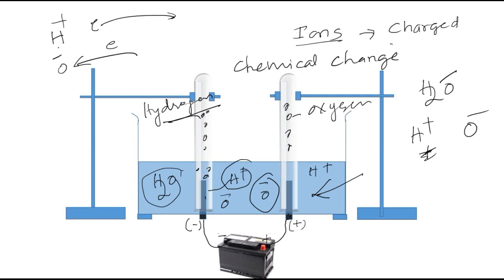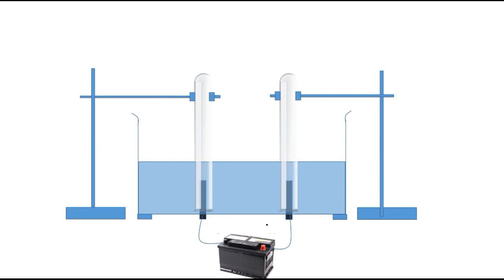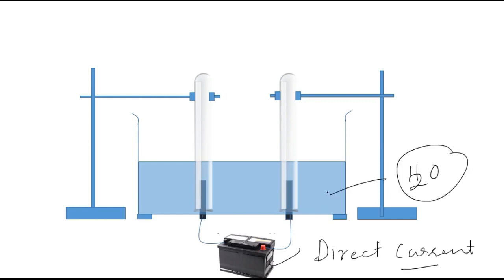An important point to be noted here is that when we do this experiment, remember that we are allowing a direct current to flow through the water, right? Not pure water, impure water we can say. Direct current, we can call it DC current, and DC current is the current which we receive out of the battery.